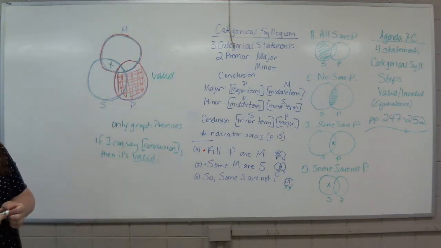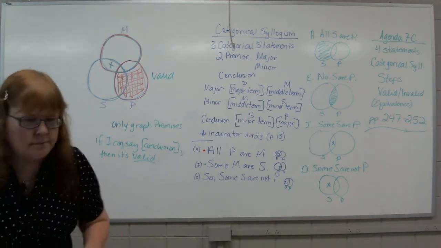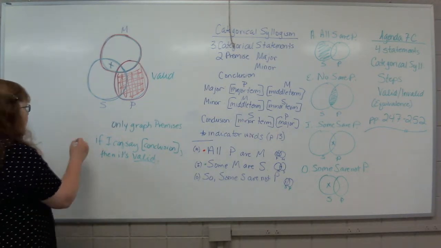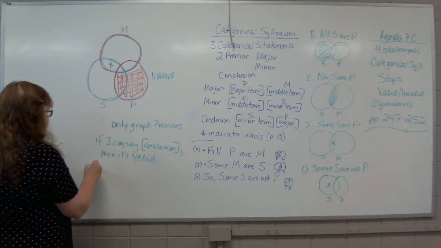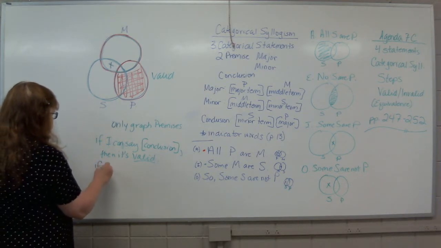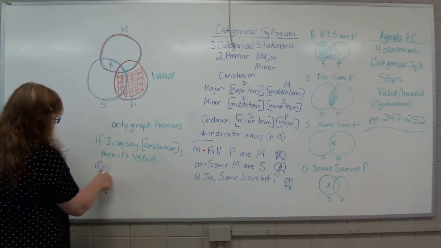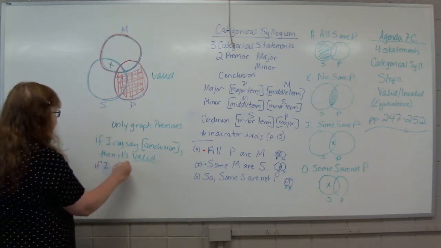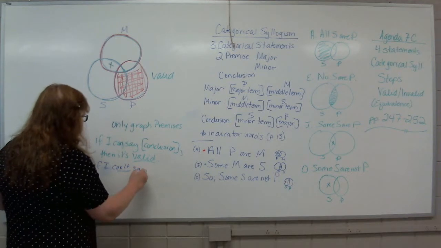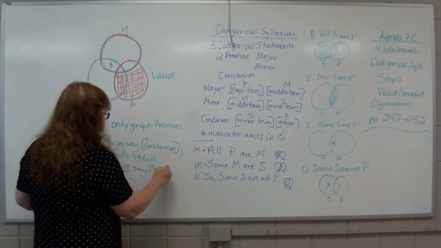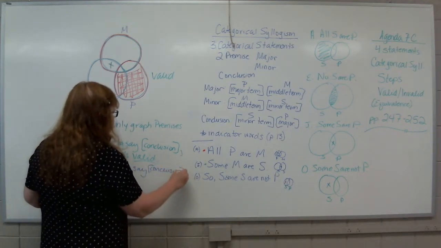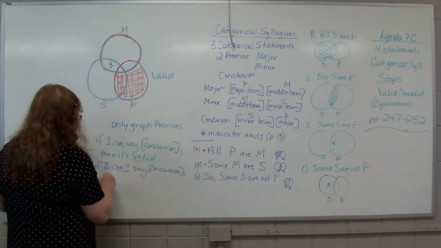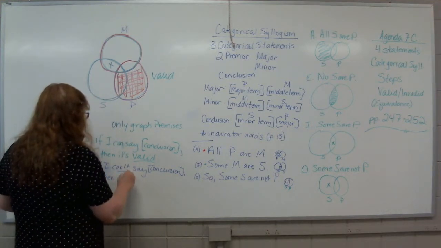But I have choices, right? If I can't say the conclusion by looking at my graph, then it's invalid.